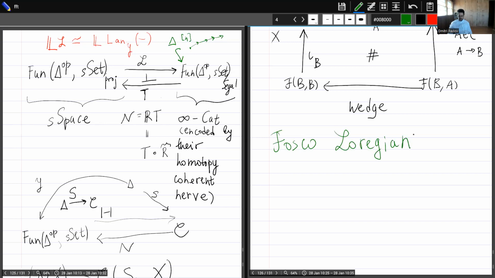I forget what his last name is. It used to be called something else, I think nowadays it's called Coend Calculus, and I can send it in the Discord group. Okay, that would be very nice. Also, it's example 1.4.5 in the Coend Calculus book, which is about Stokes' theorem, about coends.